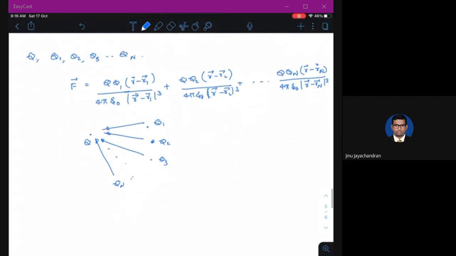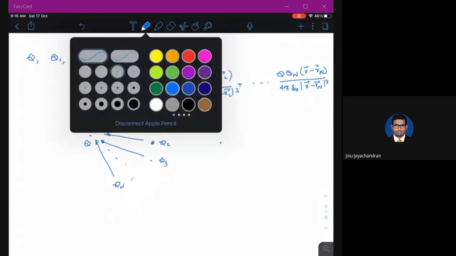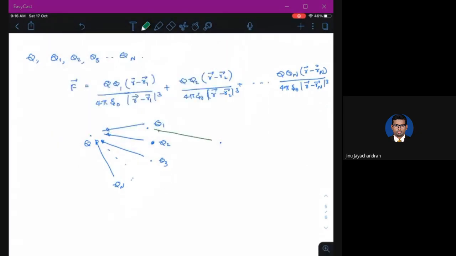Okay, and the position vectors of this with respect to origin is R1, R2 up to Rn.